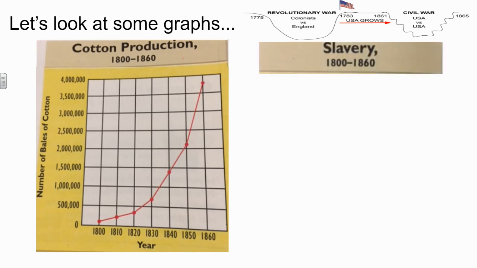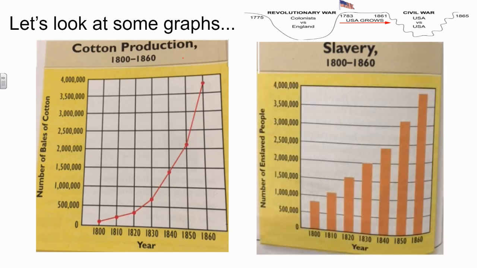But what I want to show you is how cotton production is linked to slavery. This next graph that I'm going to show you shows how slavery looked in the year 1800 in the United States of America compared to just 60 years later in 1860 at the start of the Civil War. Take a look at this graph.